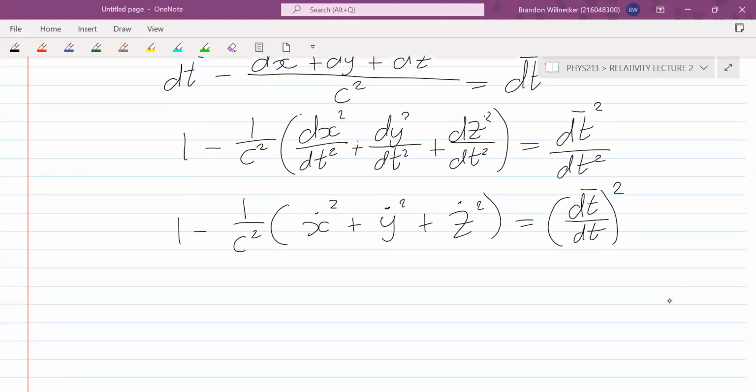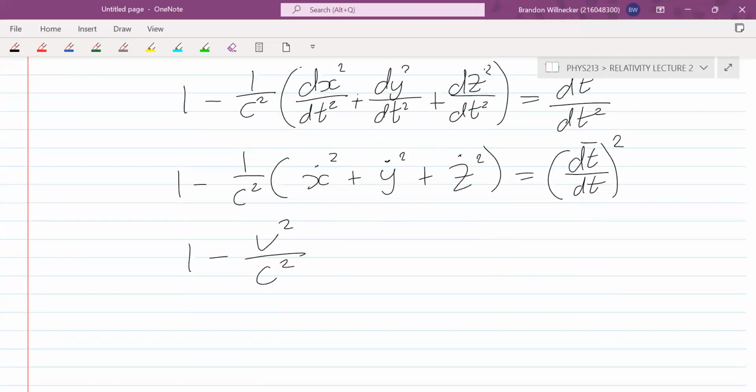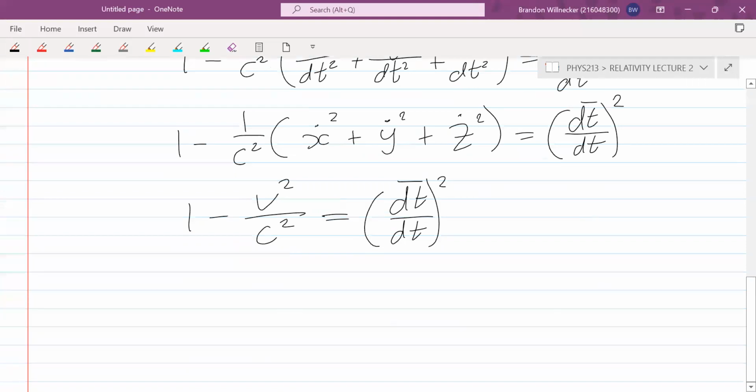Now, x dot squared plus y dot squared plus z dot squared is just your velocity squared. If you add up all of your components of velocity, you get your total velocity. So that's 1 minus, let's say it's v. Sorry, I said your velocity, but this was my frame. I'm the one moving, so my speed is v. And then we have dt bar over dt squared. Now we can take the square root.